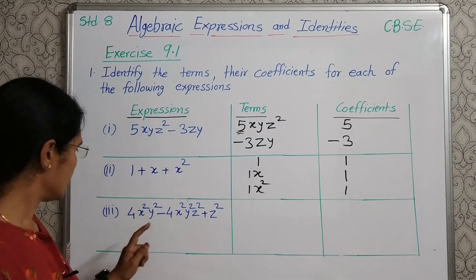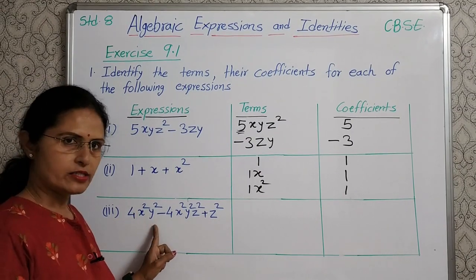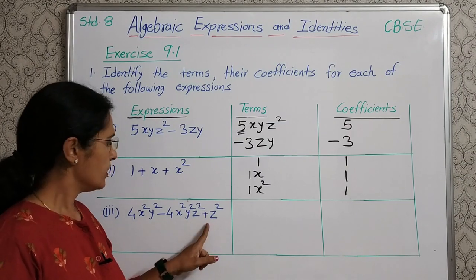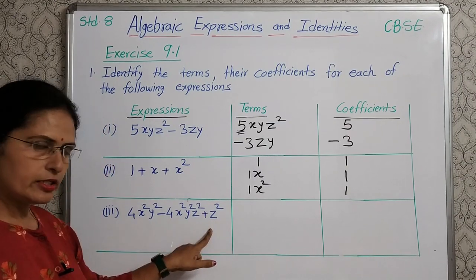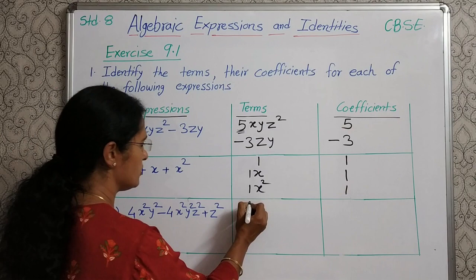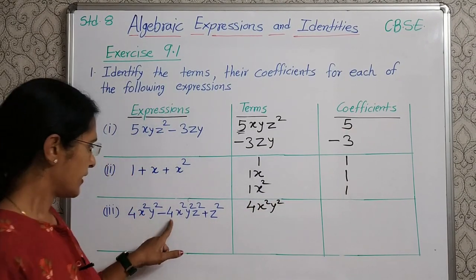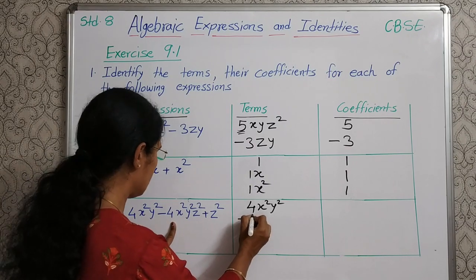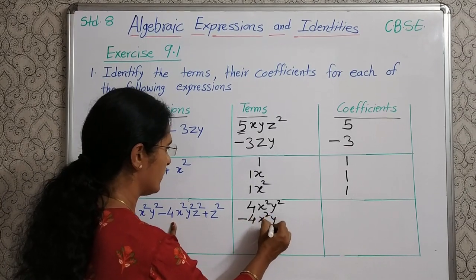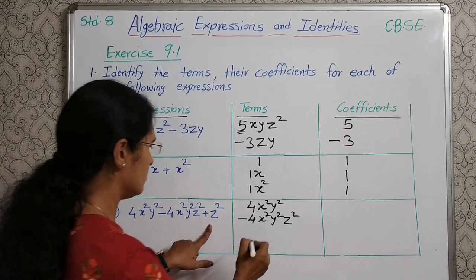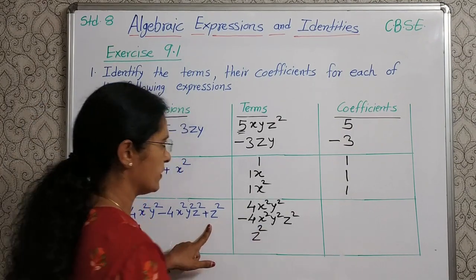Next, third expression: 4x square y square minus 4x square y square z square plus z square. There are 3 terms. First term is 4x square y square. Second term is minus 4x square y square z square and the third term is z square.